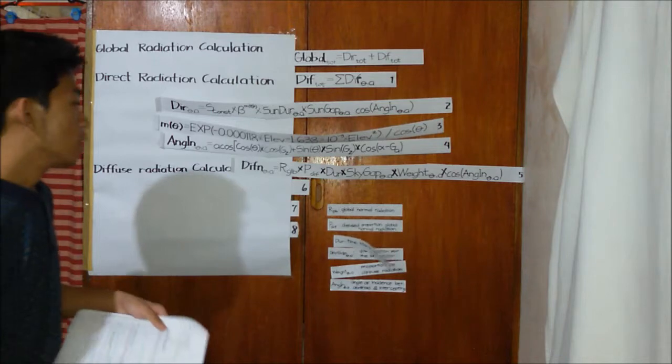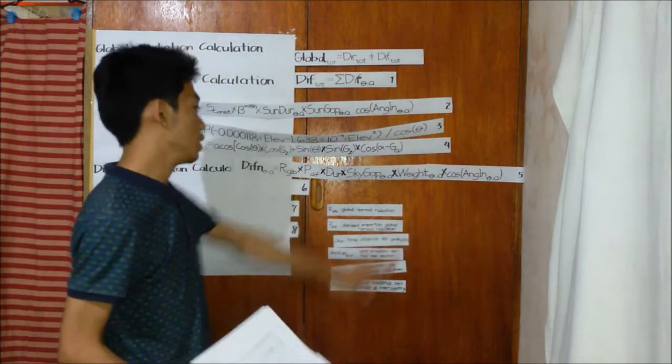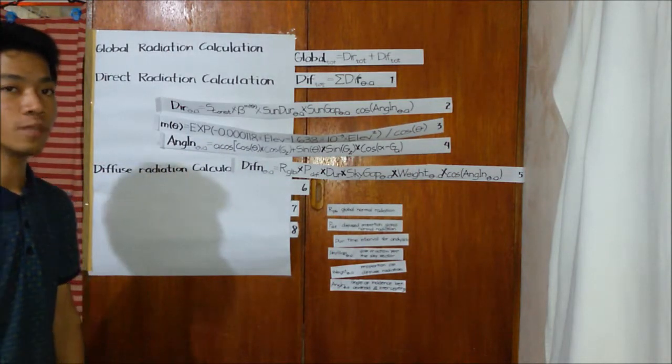So this is the first equation for the diffuse radiation calculation.